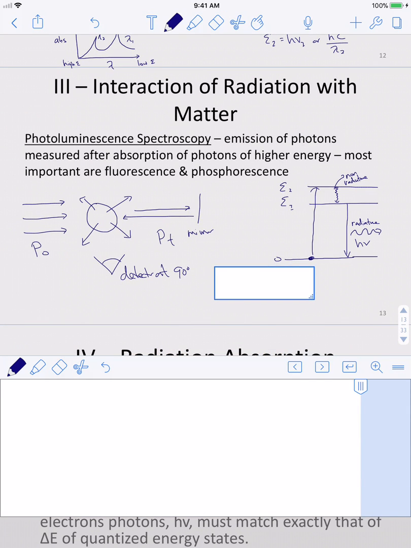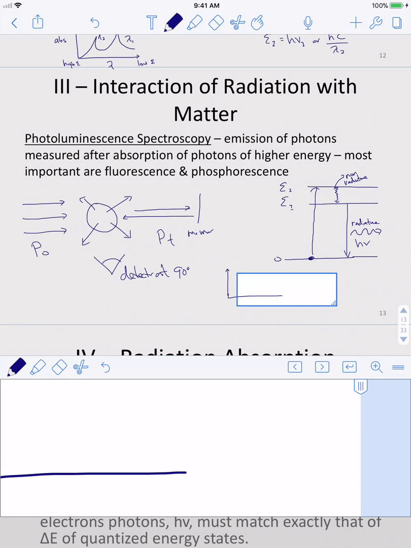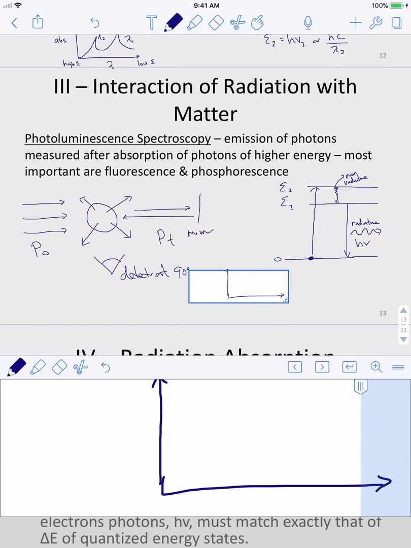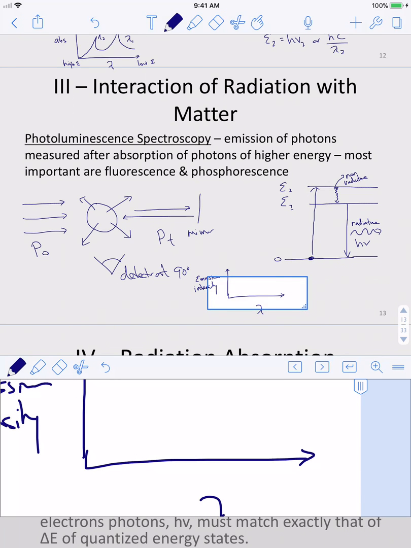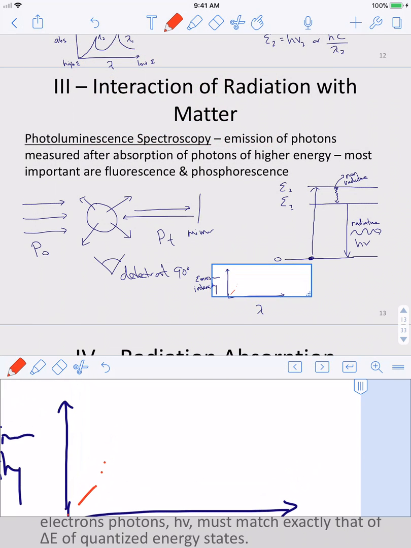And so what might this look like? Well, if we have, again, signal on the Y, and in here we're looking at emission intensity. And here is wavelength. So we would get an initial absorption peak, much like before. So I'll draw that one in red, which would look something like this. Okay.